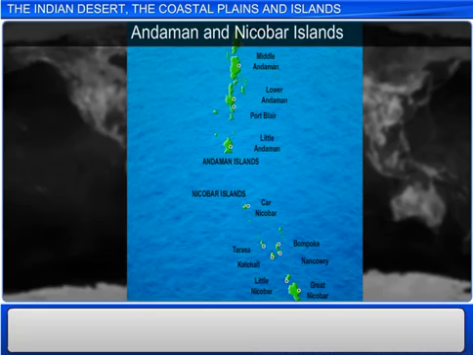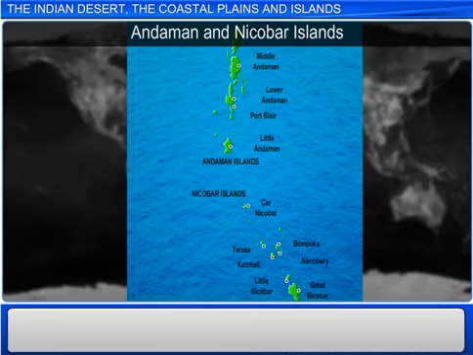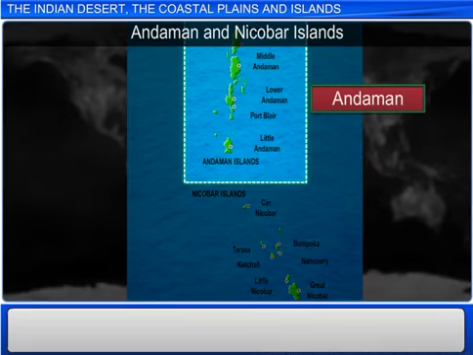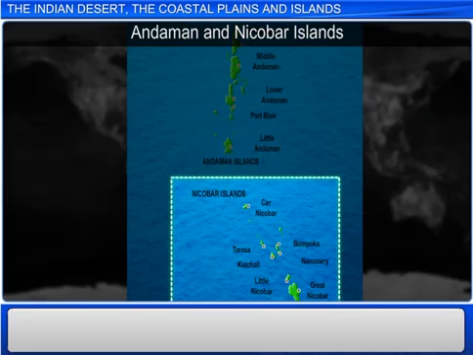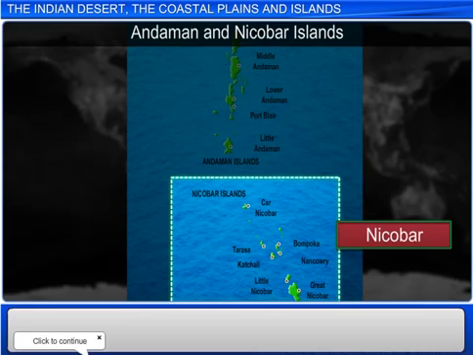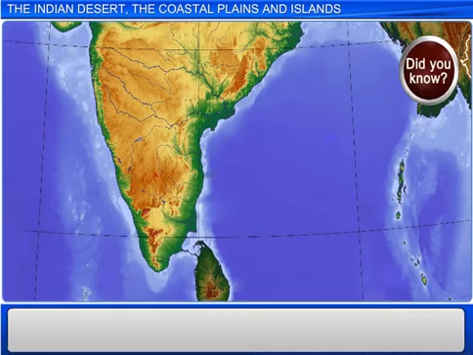The entire group of islands is divided into two broad categories. The northern islands are called the Andaman, and the southern islands constitute the Nicobar category. Did you know?